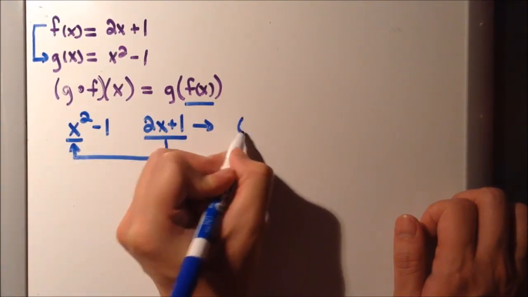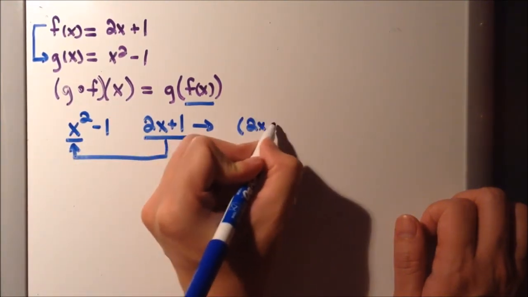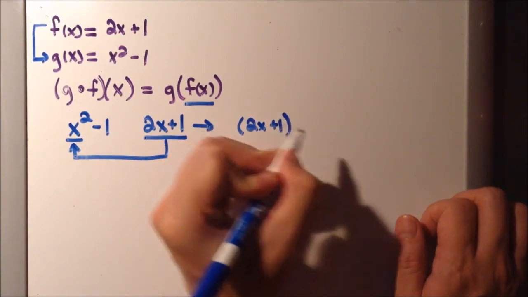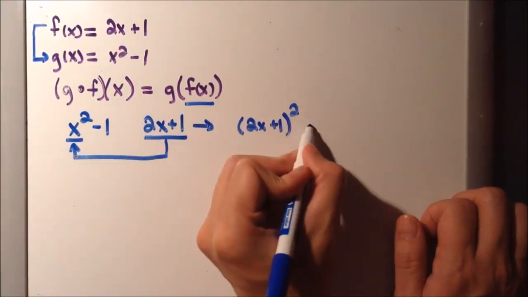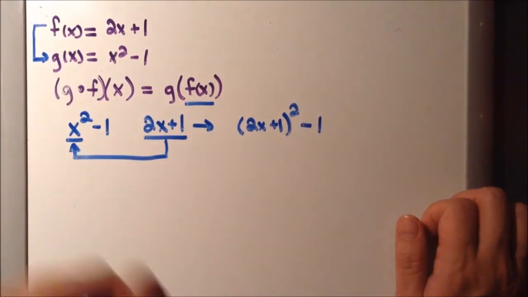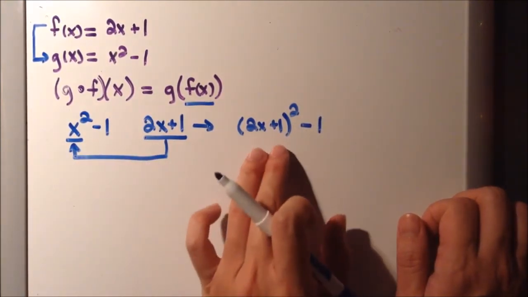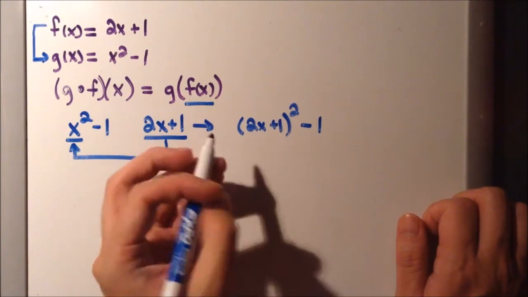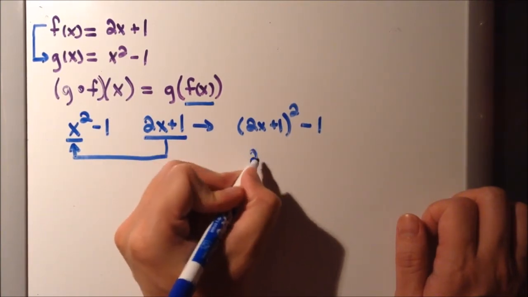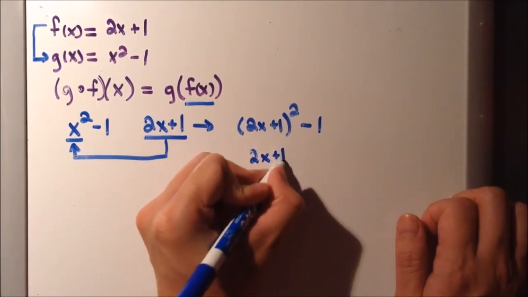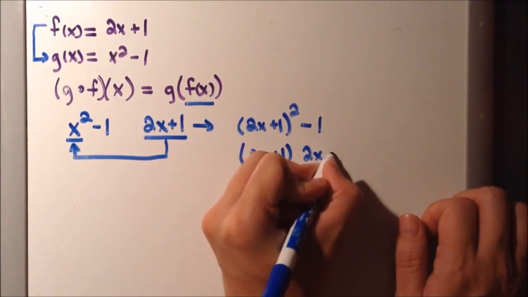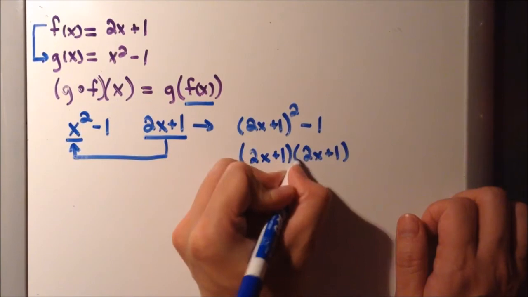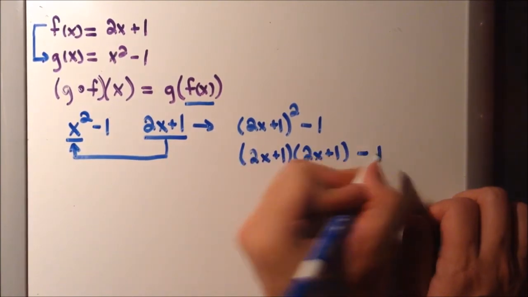So I'm going to put parenthesis 2x plus 1, close parenthesis, and then the square that came from here, minus 1 that was from here. Now, I want to write this out. Since it's squared, it's going to be 2x plus 1 times 2x plus 1 again, and then minus 1.